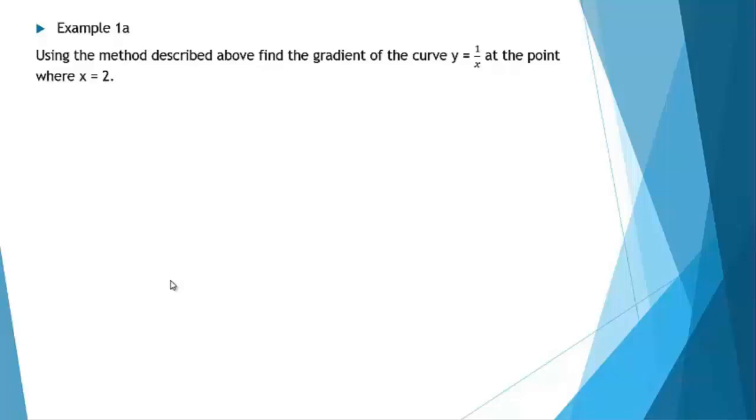Example 1a. Using the method described above, find the gradient of the curve y equals 1 over x at the point where x equals 2. So we are going to use the same method as we have done before.